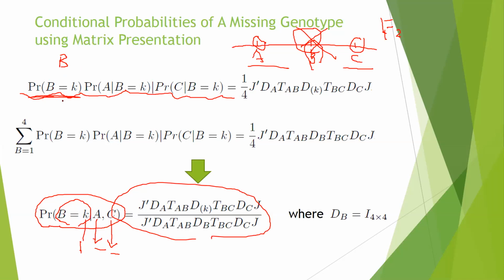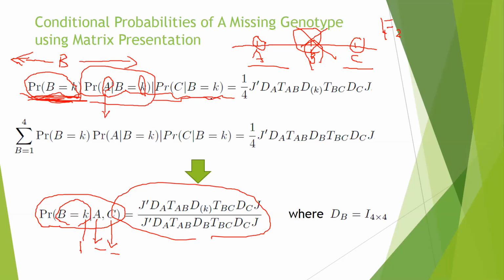But now since B is missing, we start from B. We treat B as the starting point of the Markov chain, and this chain can go this way and this way. If we go this way, we calculate the probability that if B takes the genotype of K, what's the probability that A takes the observed genotype? This is the left step.